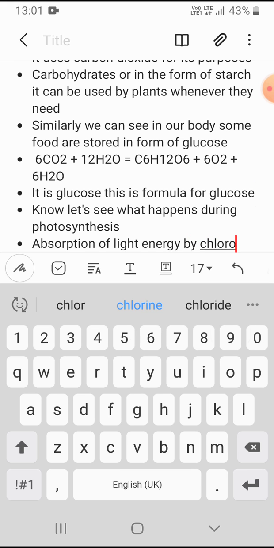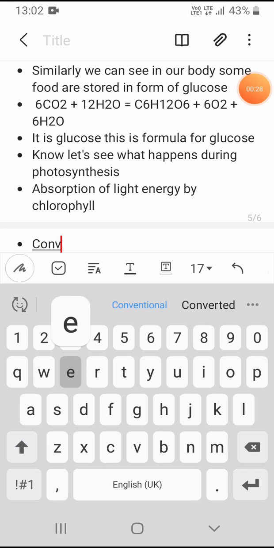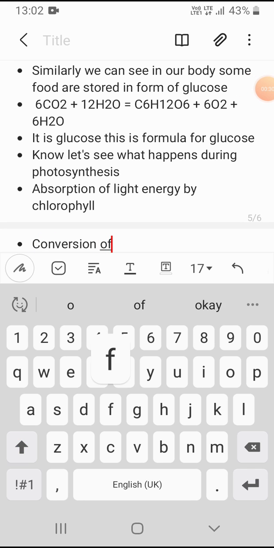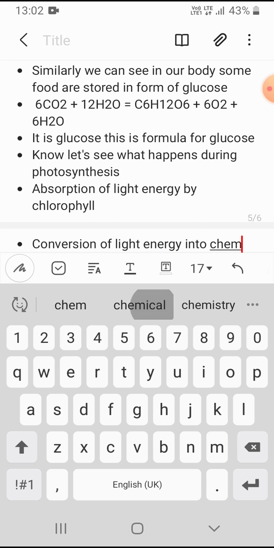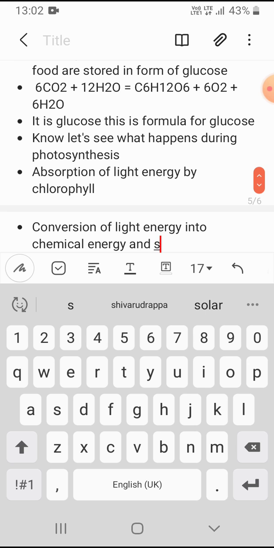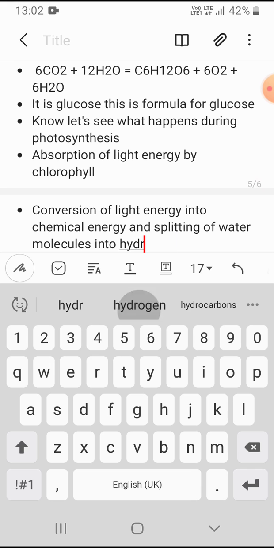Afterwards comes conversion of light energy into chemical energy, and splitting of water molecules into hydrogen and oxygen.